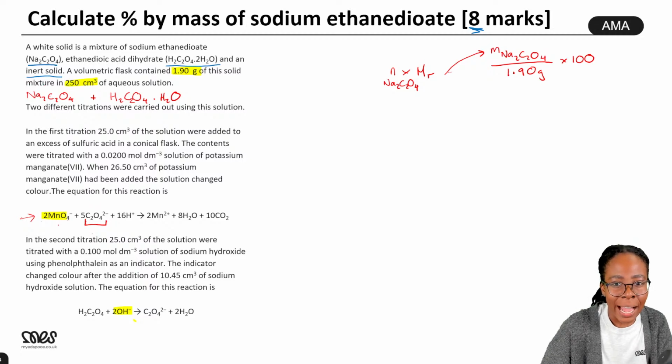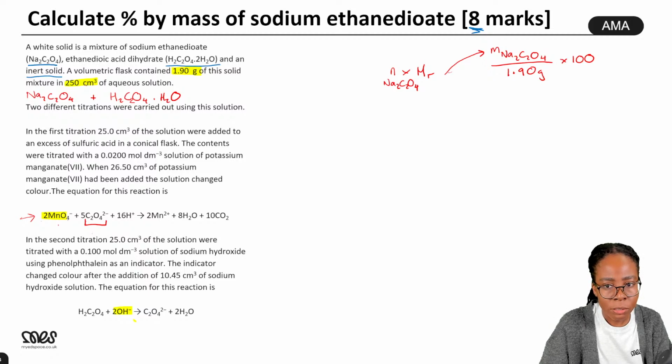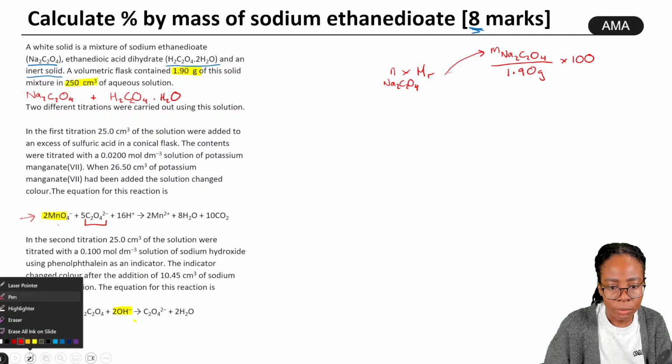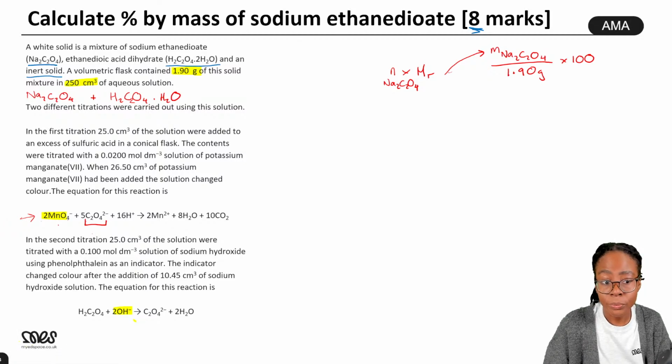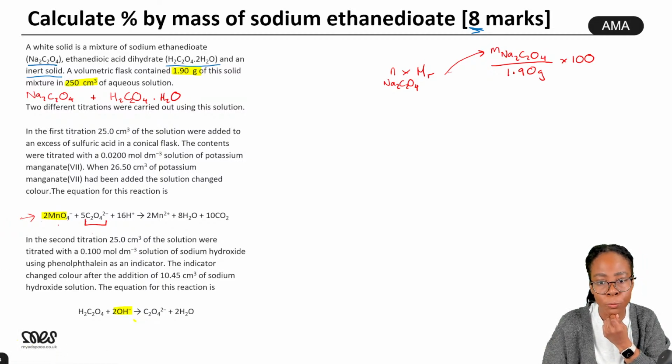Now, of the species in our mixture, what's got ethanedioate ions? C2O4 2 minus. What's got them in them?